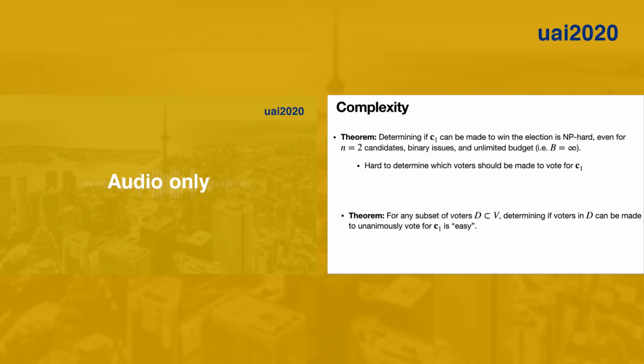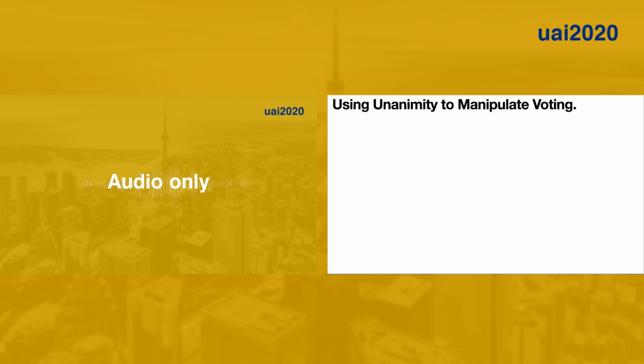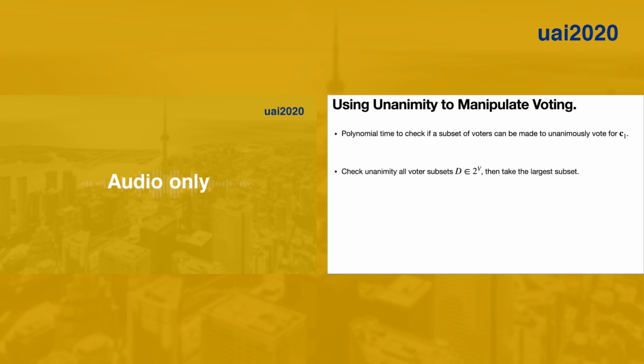However, there is kind of light at the end of the tunnel because there's an easy part of this problem, which is that for any subset of voters, it's easy to determine if they can all be made to unanimously vote for our candidate. And the intuition behind this is it can just be framed as a convex feasibility problem. We can use the fact that it's easy to check if a subset of voters can be made to vote for our candidate to optimally manipulate the election.